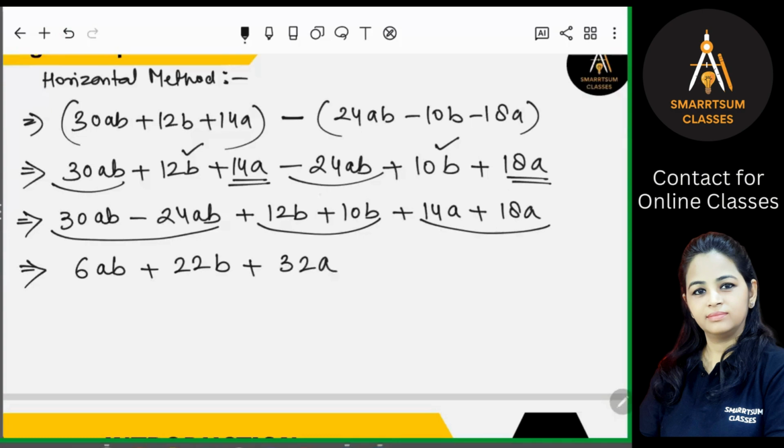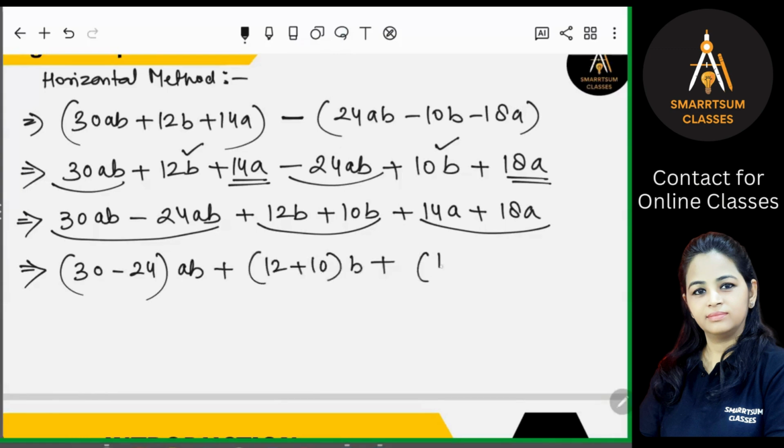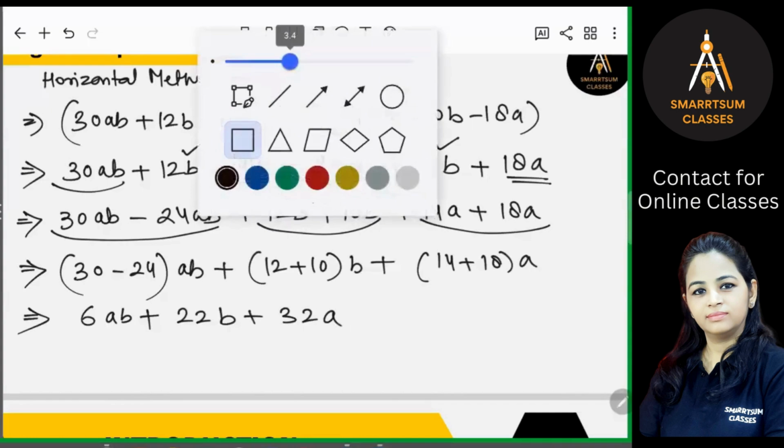Keeping the literal factor as it is. We need not change anything to the literal factor, right? If you're not getting it at once, you can write them first like this: 30 minus 24 ab plus 12 plus 10 b plus 14 plus 18 a. You can do it this way also if you're not getting it directly. Now it becomes 6ab plus 22b plus 32a. And now this is your final answer.